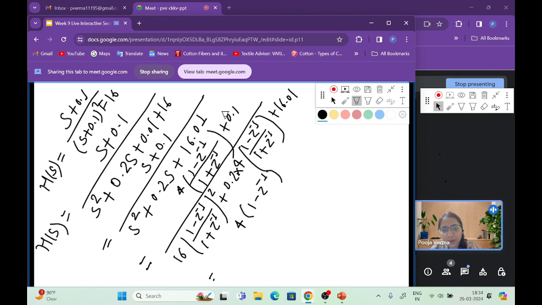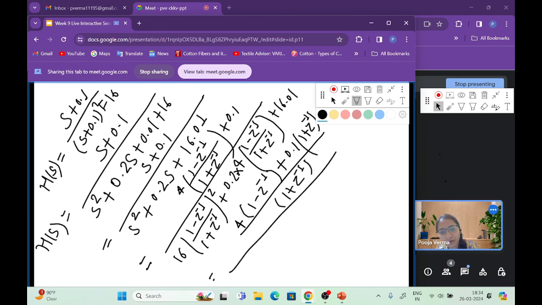Now we have to multiply this by 1 plus z inverse and take common, then after, 1 plus z inverse, divided by the whole 16.